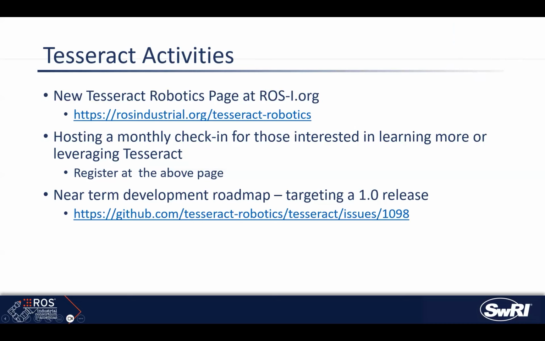Yeah, so Matt has linked the issue that we're going to use to track this high level compilation of things that must get done, nice to have wish lists, supporting tasks, things like that, to help us keep on track with getting to a 1.0 release on Tesseract.